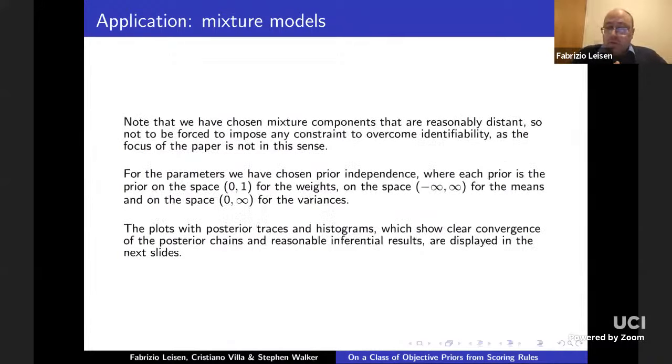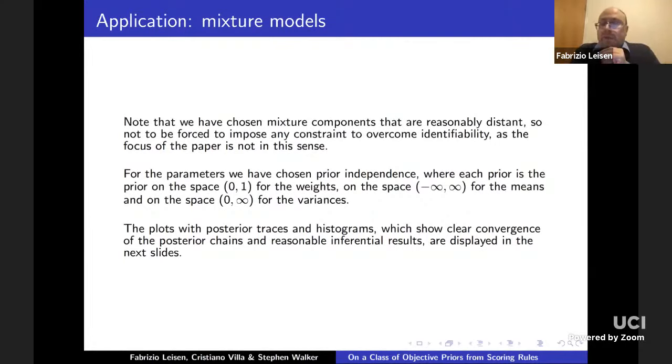As I said, we have chosen the mixture components in a way that are reasonably distant, so we don't have to impose any constraint to overcome identifiability.